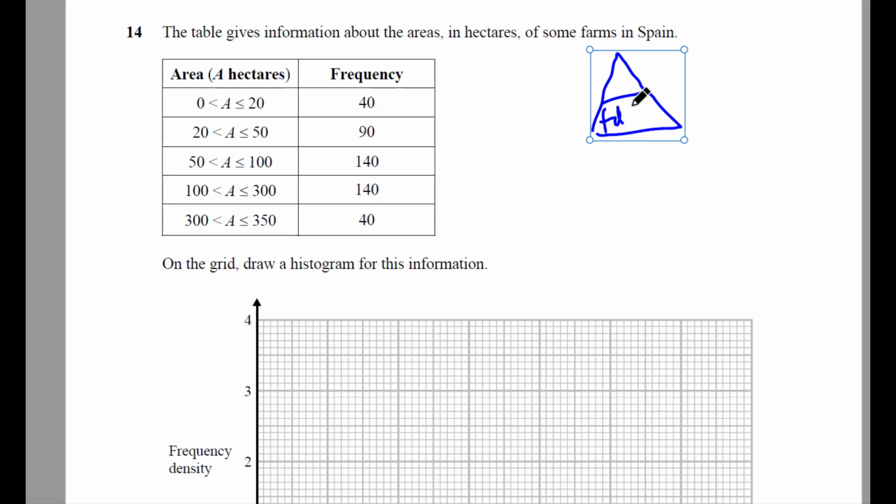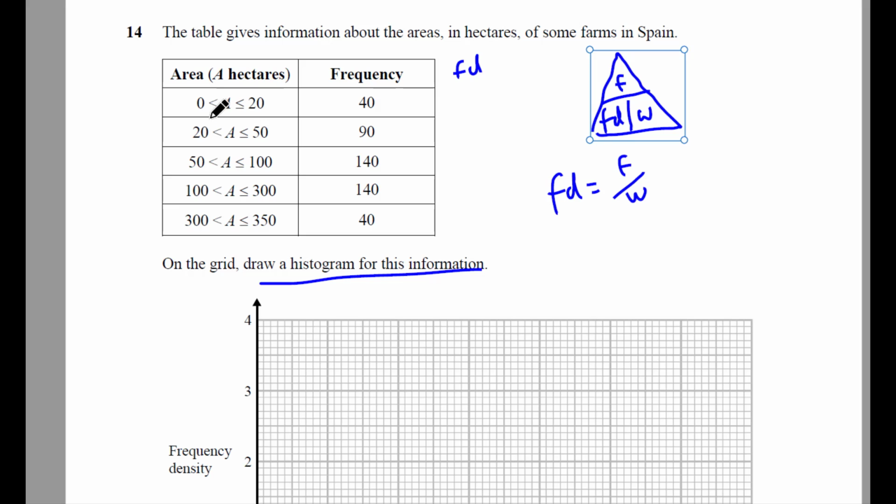So some of you use this formula to answer this type of question. So frequency density equals frequency over the width. And that's all we need to do to draw this histogram.